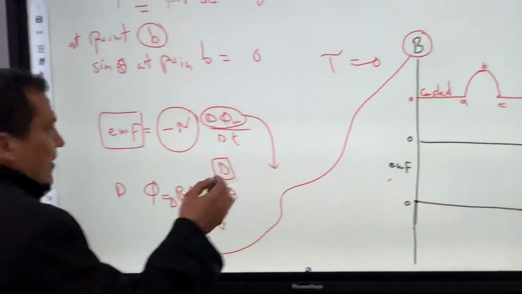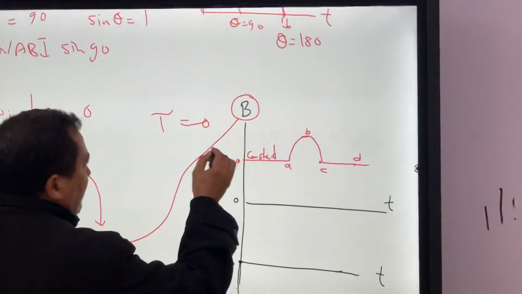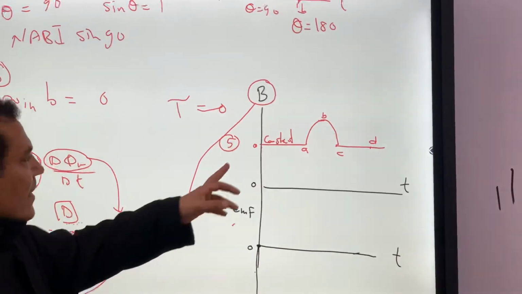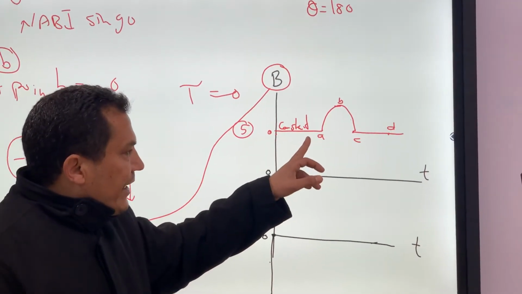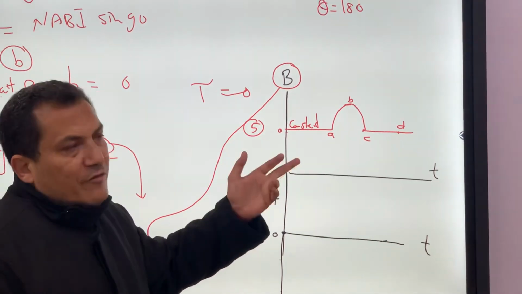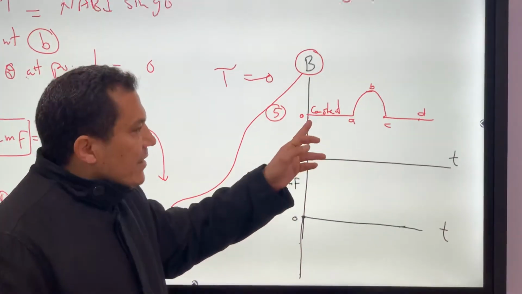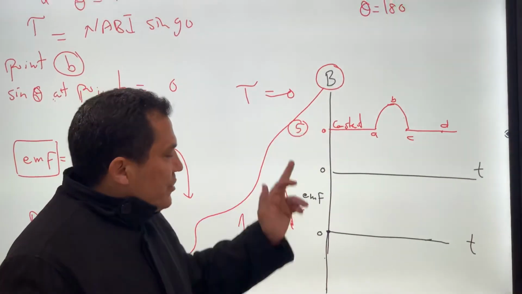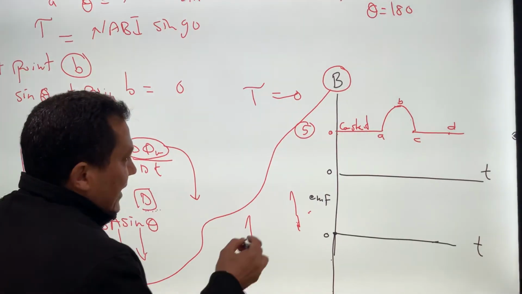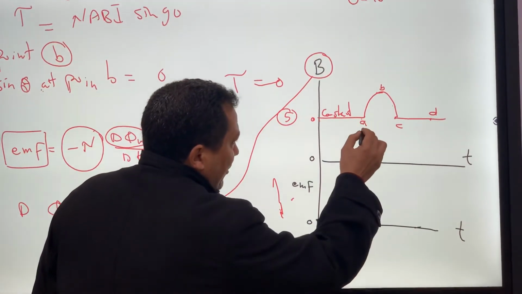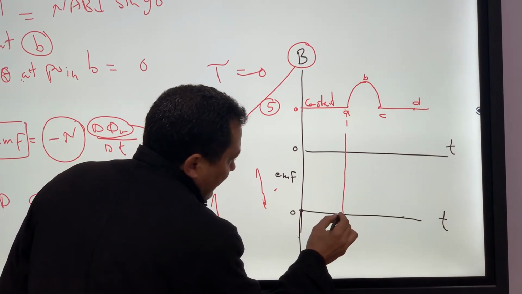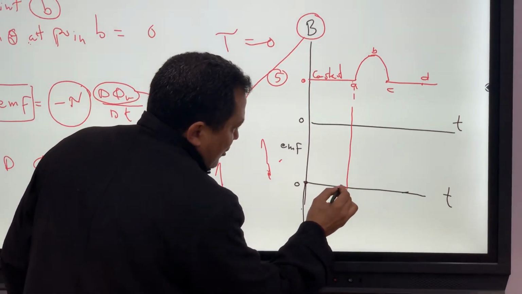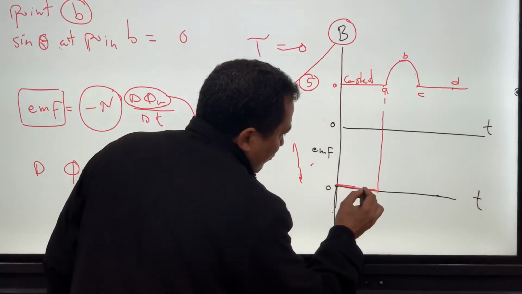How, mister? If this point equals 5, the rate of change from 0 to A equals 5 minus 5. That means the rate of change equals 0. We can draw this from 0 to A.